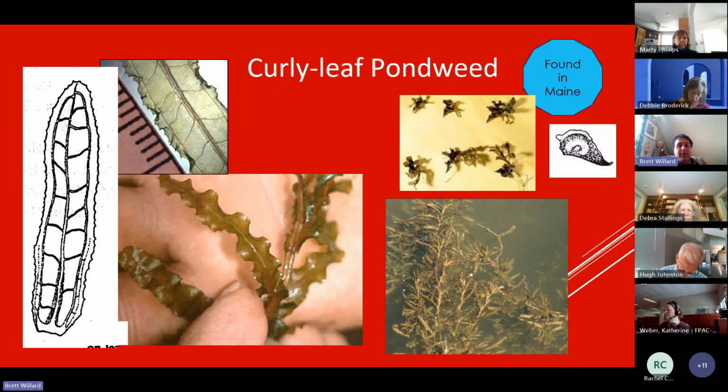That drawing on the left side and the photo next to it shows that curly leaf pondweed have this sort of window pane stained glass look to them, where they have an outer vein that goes along the inner edge of the leaf that encases these horizontal veins that connect to it, that make this window pane stained glass pattern.